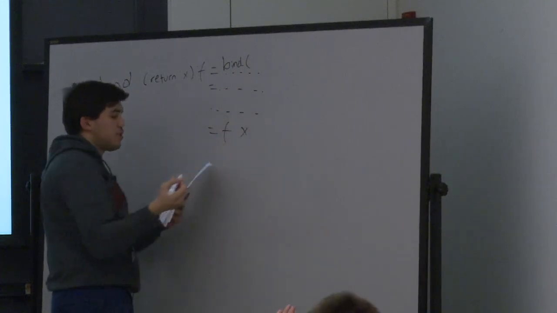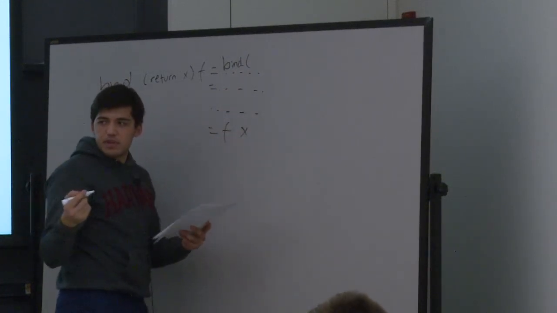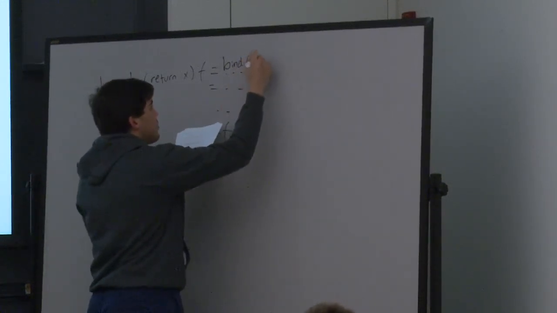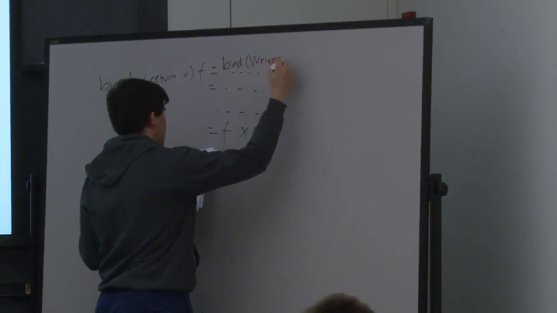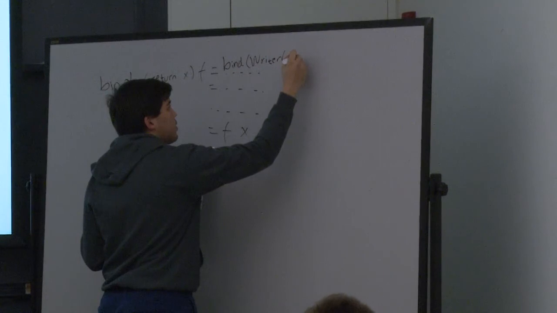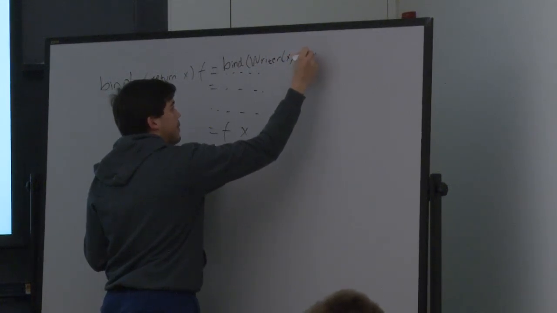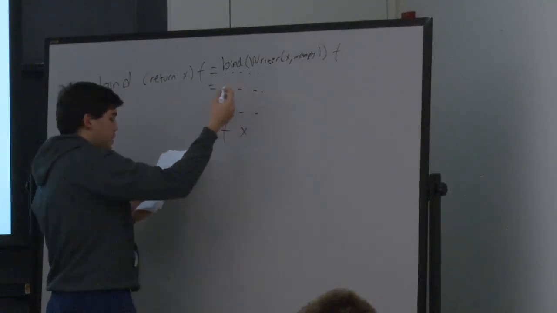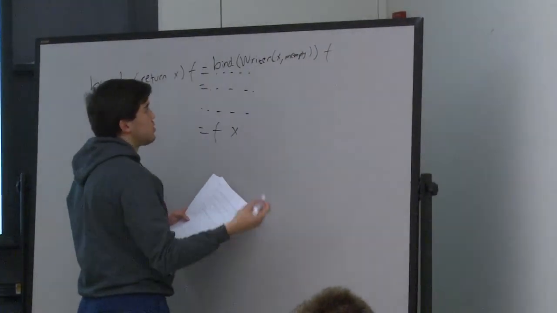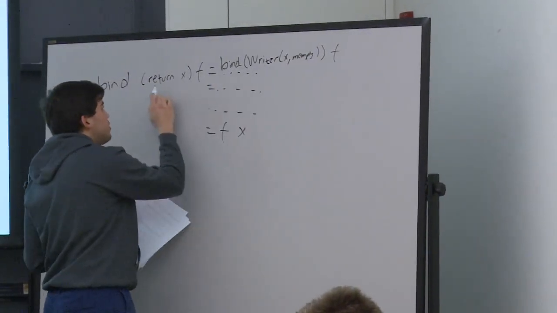And why did you do this? What made you think of this step? Because return x is defined for writer. Right, and what was this the definition of? What did we replace here?